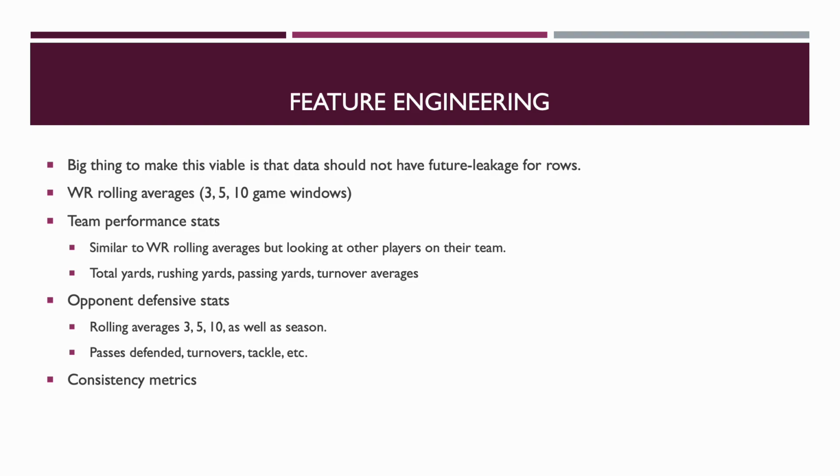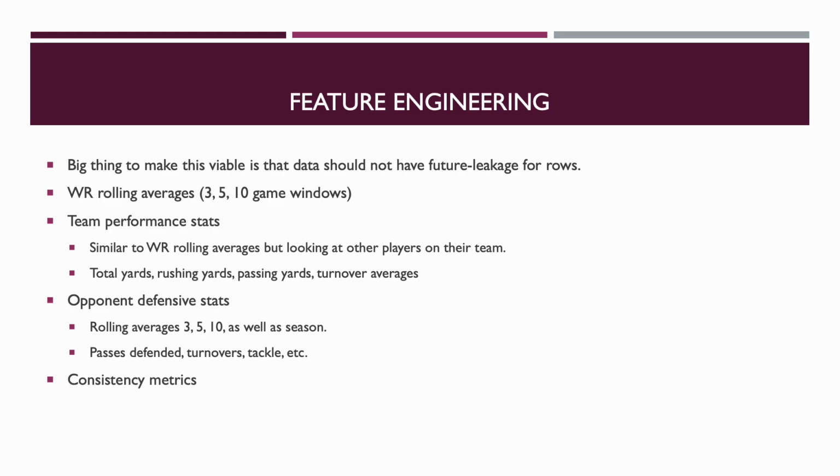Looking at feature engineering, the biggest thing is I wanted to make sure that any features I was creating for a specific wide receiver didn't have any future leakage within the data, since given that we're trying to predict a player's performance for a particular game, you won't know that game's stats until that game actually ends.